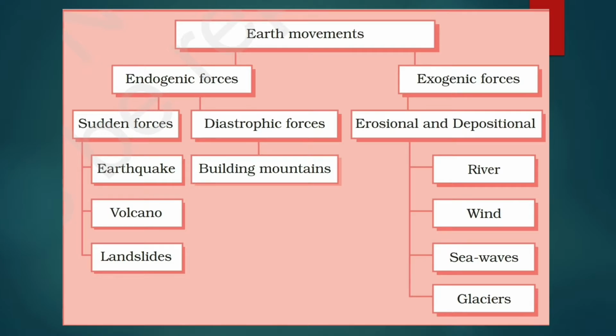Erosion means moving of the rock material from one place, and deposition means this rock material is deposited at another place. These two activities are very important for the exogenic forces, and they are done by river, wind, sea waves and glacier.